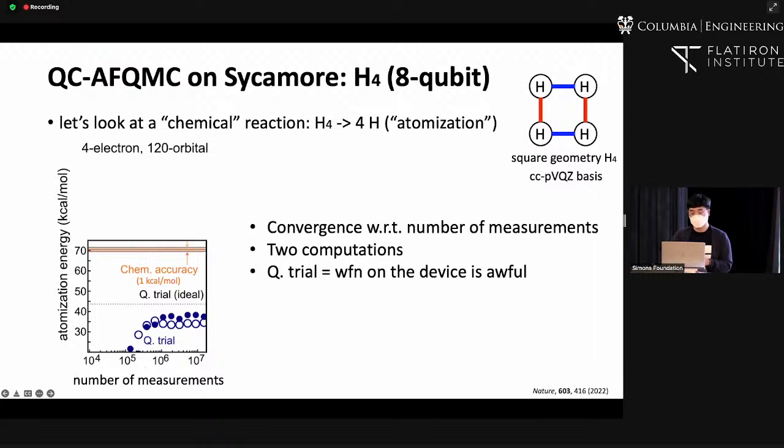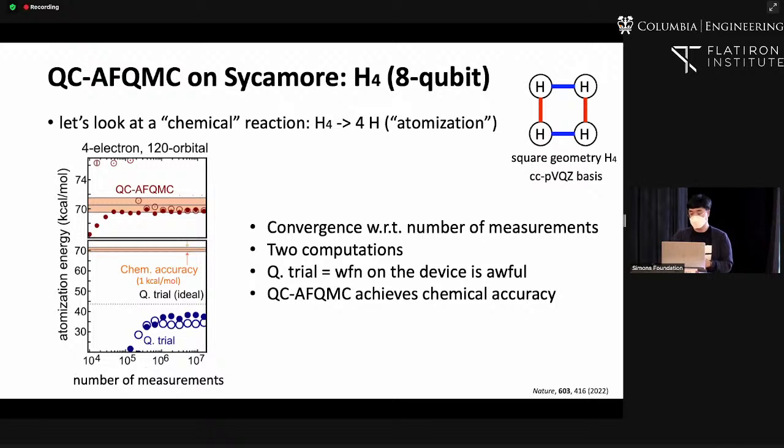If you run without any circuit noise, you're already 25 kcal per mole away. And then the actual device implements something even more terrible than this. So this is really not useful at all for computational chemistry, just this trial wave function alone.